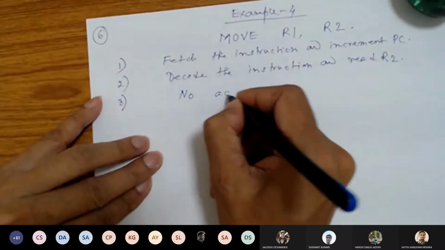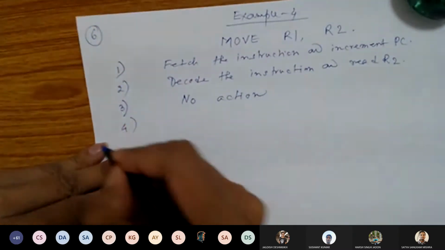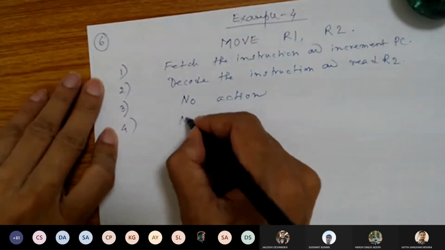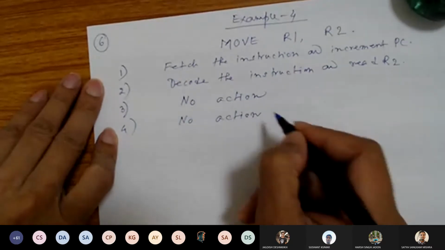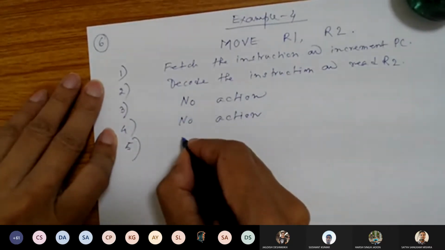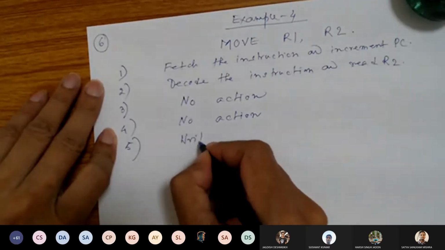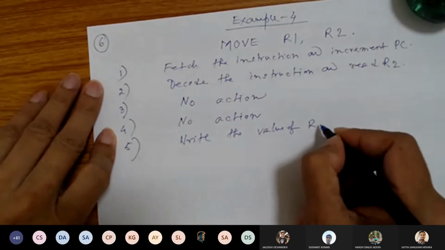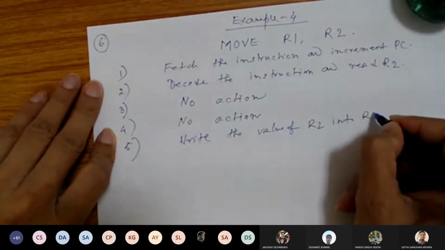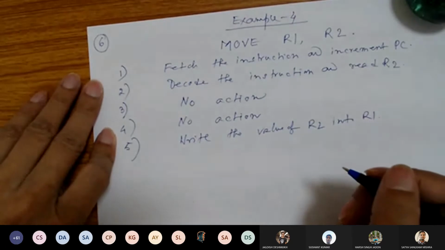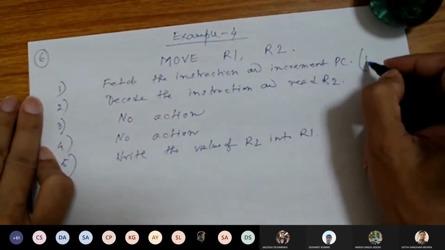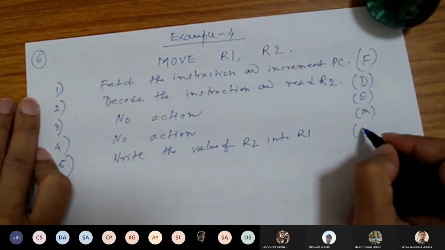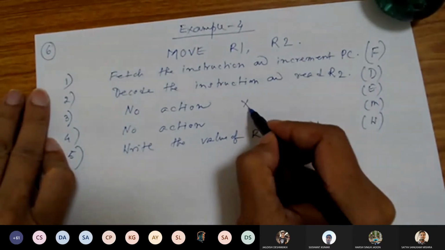Yes, so no action. Fourth stage. So no action. Fifth stage. Write the value of R2 into R1. So again the same framework: fetch, decode, execute, memory, write back. Here these two stages are not needed.